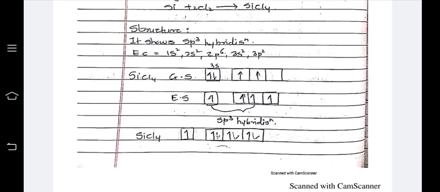This is the electronic configuration. It means the valence shell has 2 electrons in the s orbital and 2 electrons in the p orbitals: 3s2 and 3p2.